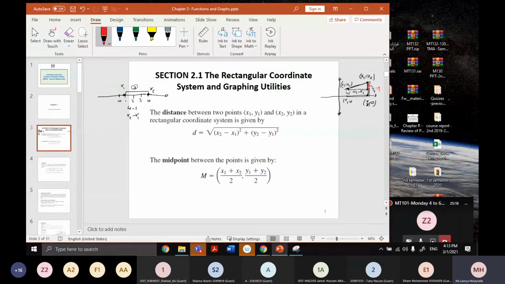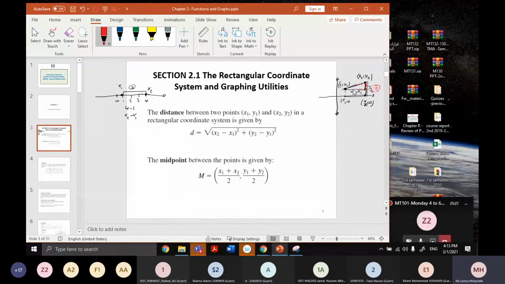Okay, and now the length I want, from the Pythagoras theorem, is the square of this plus the square of this under the square root, which is actually this formula.